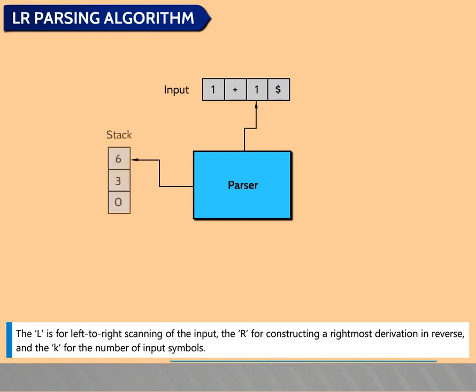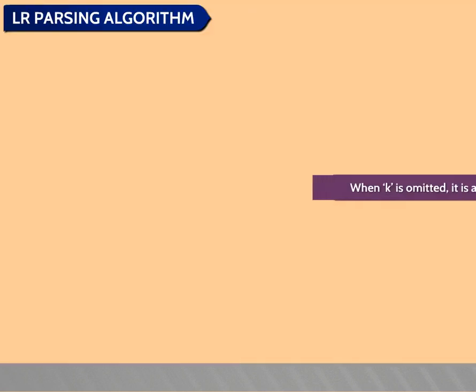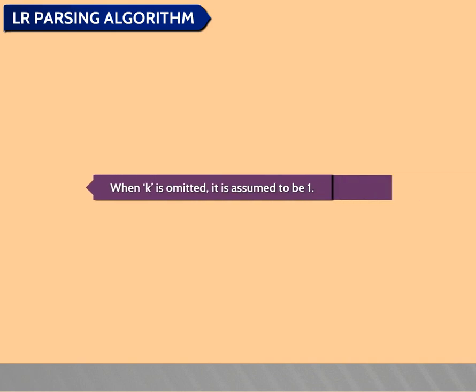The L is for left to right scanning of the input, the R for constructing a rightmost derivation in reverse, and the K for the number of input symbols. When K is omitted, it is assumed to be 1.